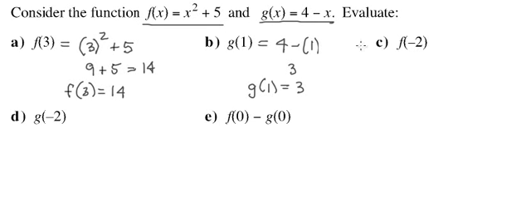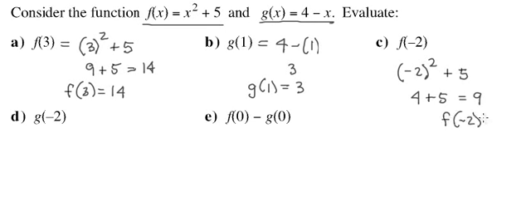F of negative 2, we're back to function f, so the function is x squared plus 5, but where the x used to be, they've said put negative 2 in its place. Negative 2 squared is 4, plus 5 should be 9, so we say f of negative 2 equals 9. I took function f, I gave it negative 2, and this is what it gave me back.